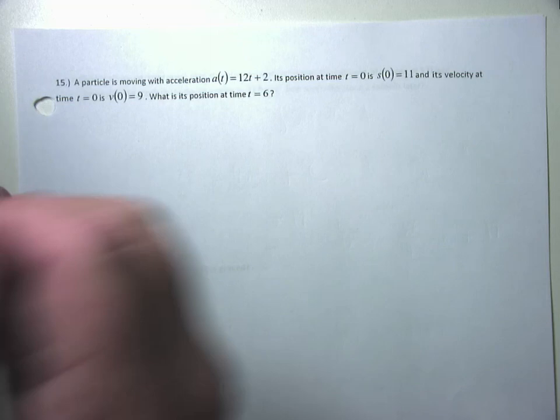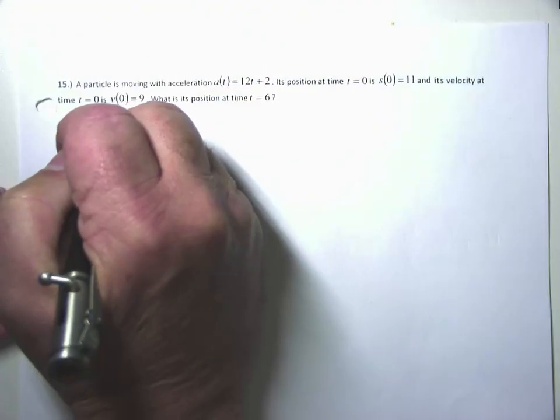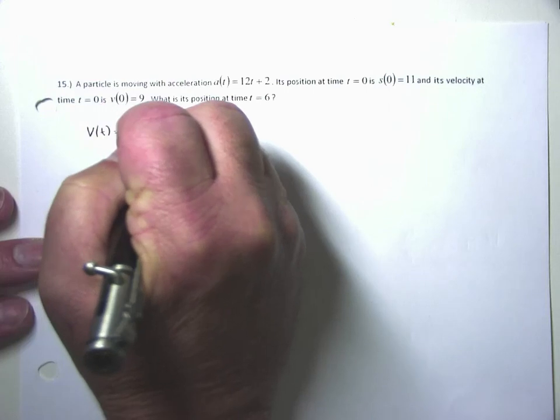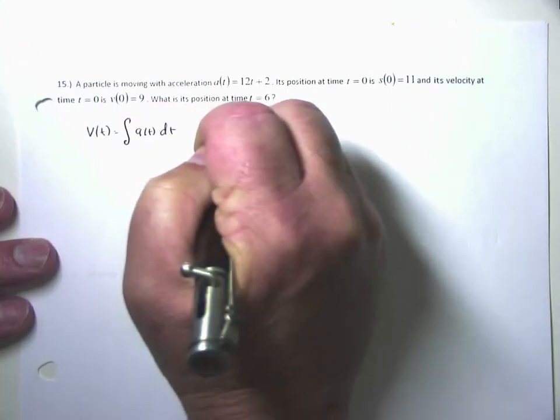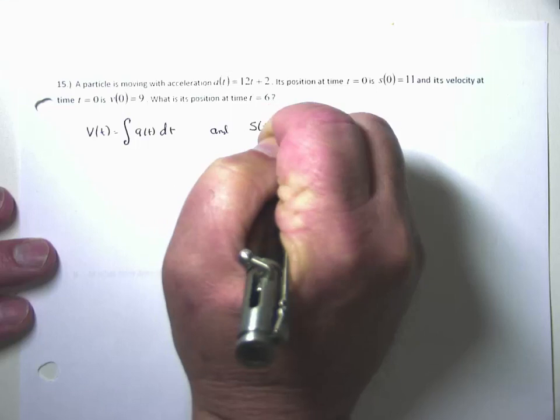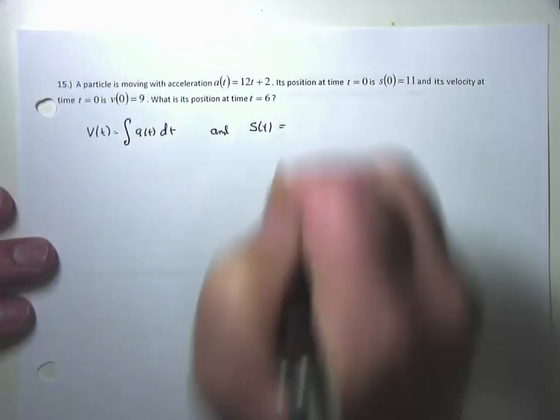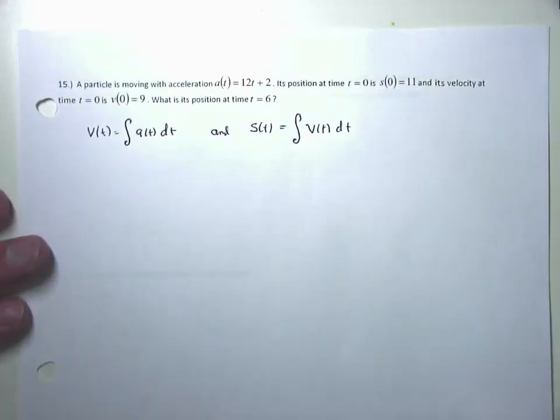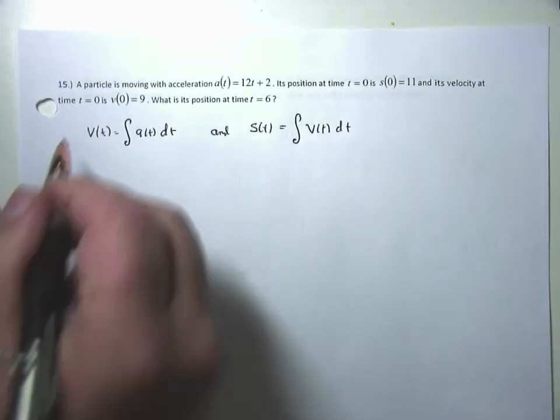As I was just mentioning, to get velocity, I have to integrate acceleration. And to get position, we call it the position function s of t, I have to integrate the velocity. So I'm going to start here.